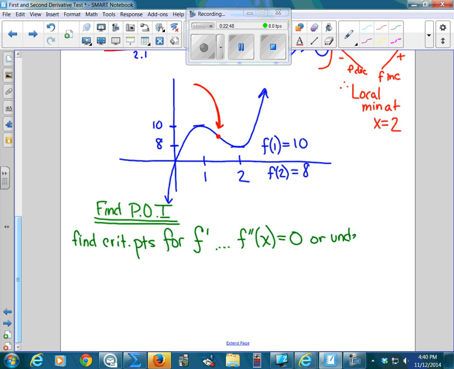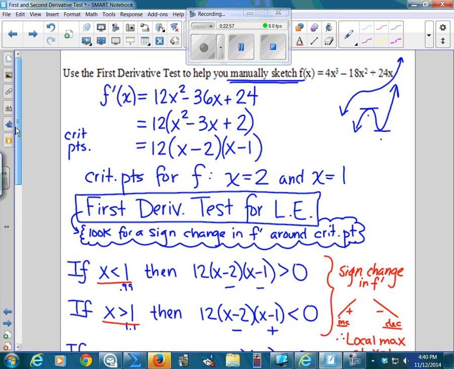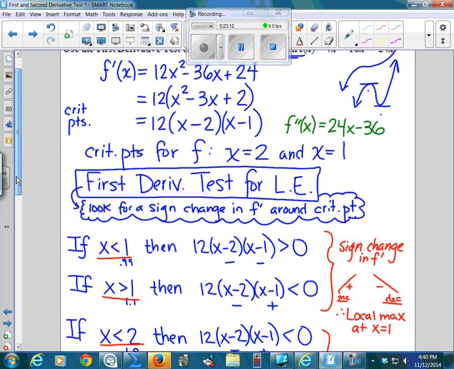In this case, we won't have any undefined ones because it's a polynomial, but we will have points where f double prime is 0. So we look up here, f double prime is going to equal 24x minus 36.